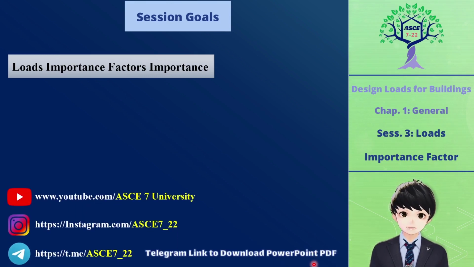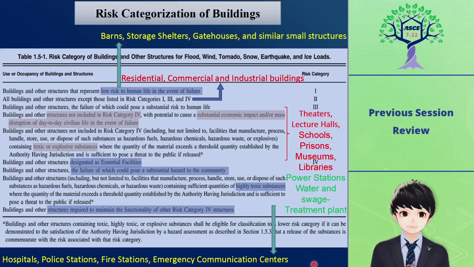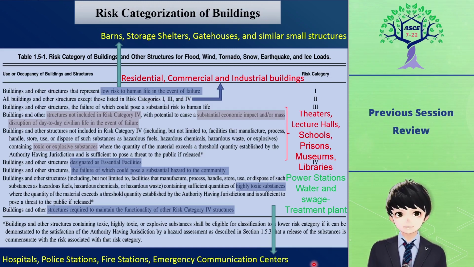Before talking about the main objective of this session, let me review the previous session. According to Table 1.5-1 of ASCE, we found that there are four main risk categories for different kinds of buildings according to their occupancy and use. Each of them has its own characteristics, and I tried to give you some examples to clarify their borders.